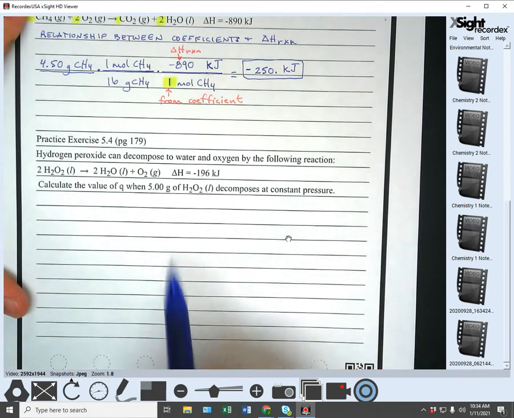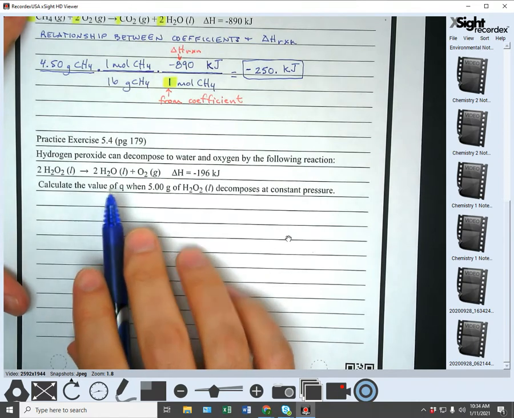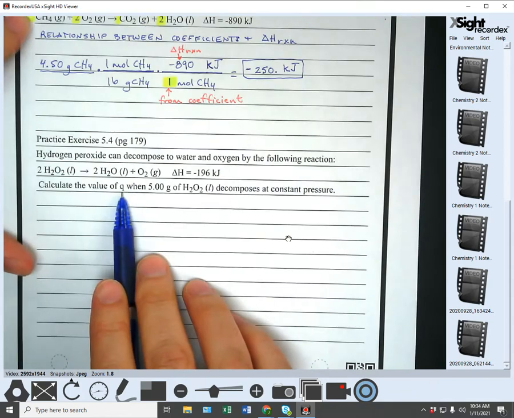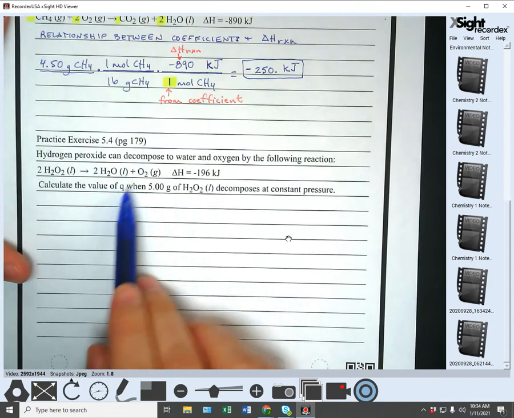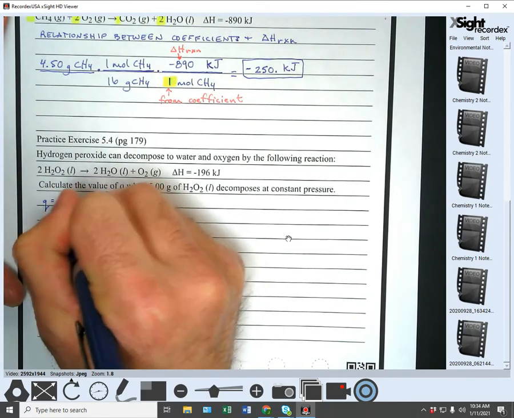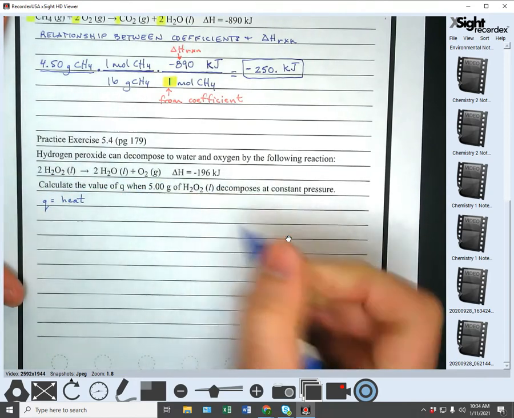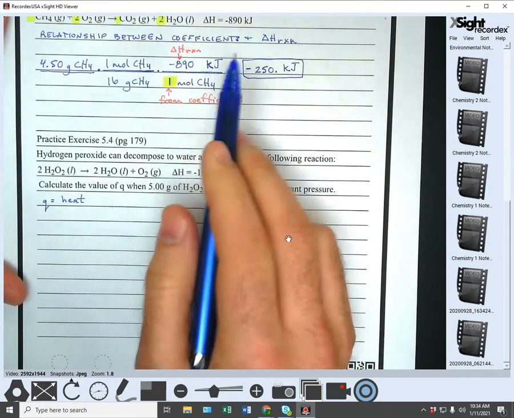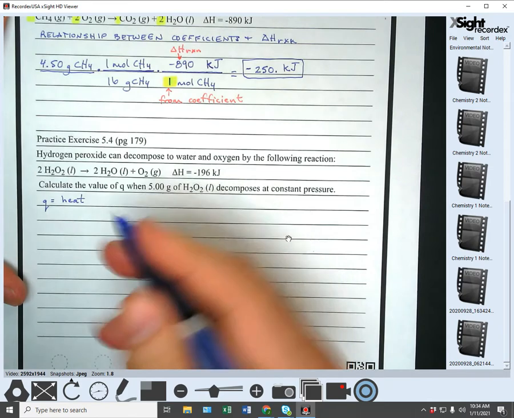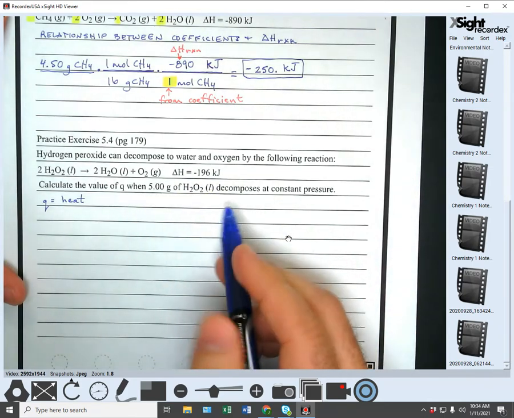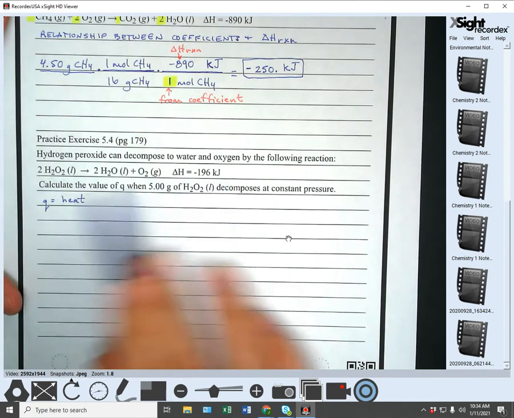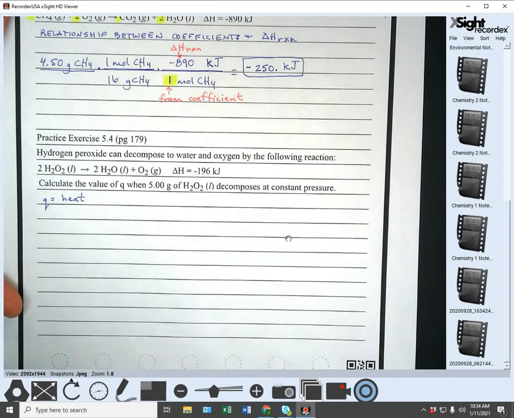So remember, Q is heat, and delta H, or H, is enthalpy, which is essentially the same thing. So Q and H we use pretty much interchangeably for most of what we do.